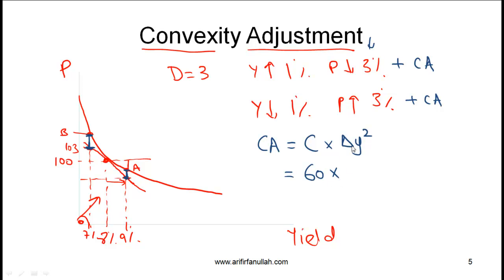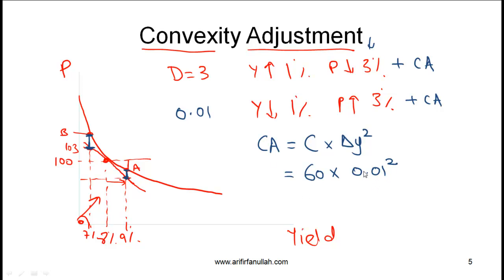Now you need to be careful about the delta y. The delta y is written as a decimal. In this case, the delta y is the change in yield, which is 1%. The 1% written as a decimal is 0.01. So essentially this becomes 60 times 0.01 squared.